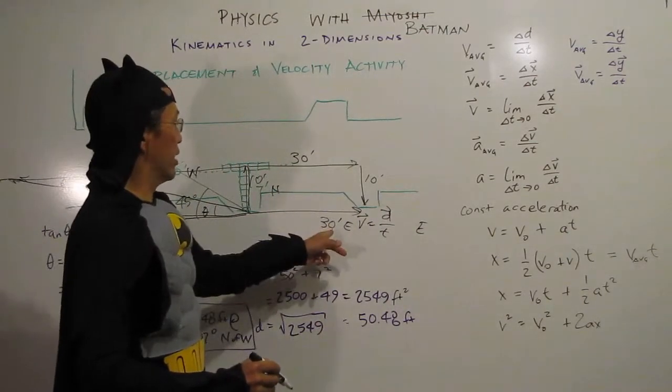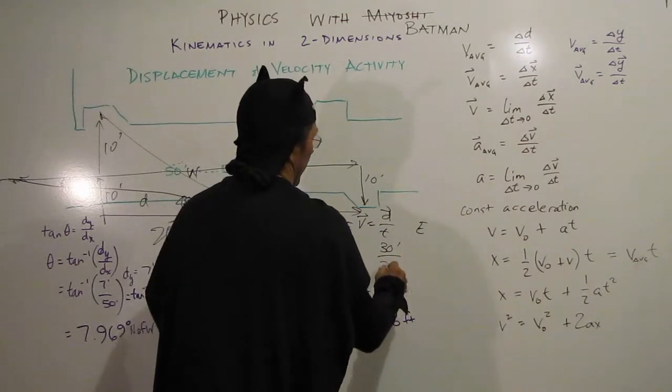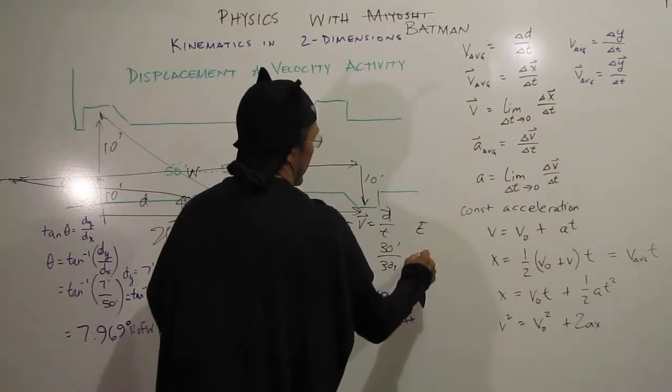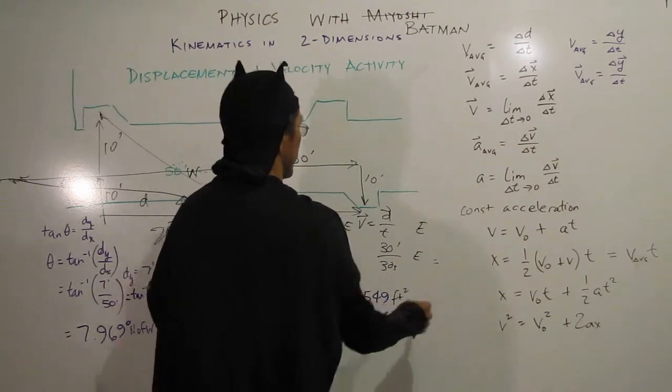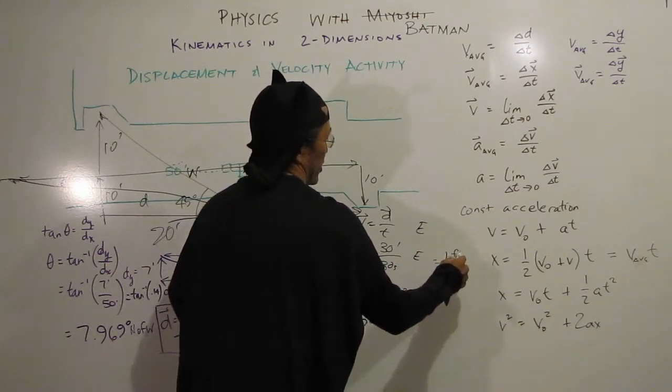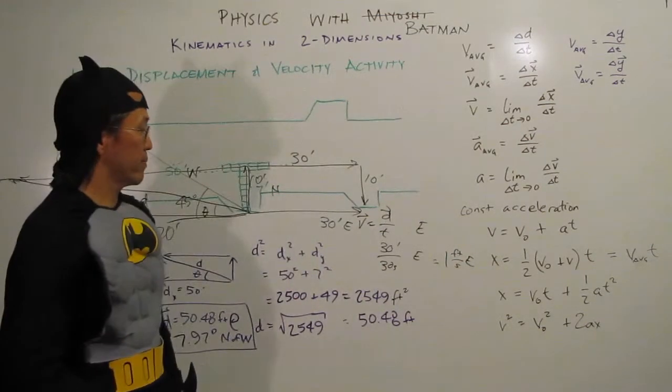In this case, 30 feet divided by 30 seconds in the east direction. What is that? 1 foot per second in the east direction.